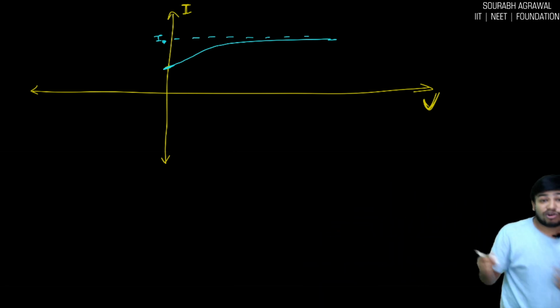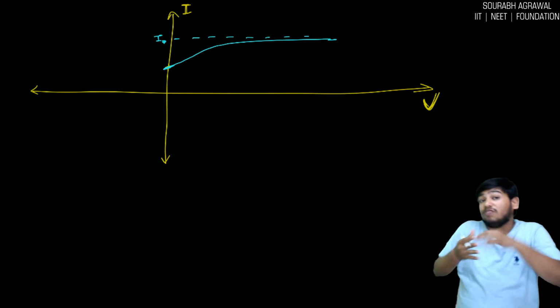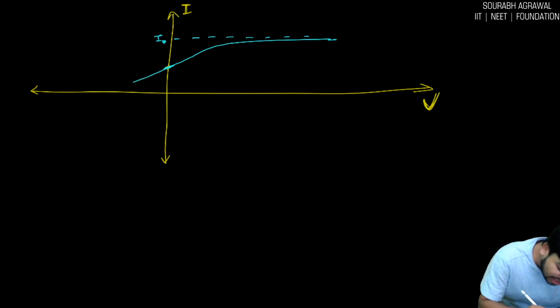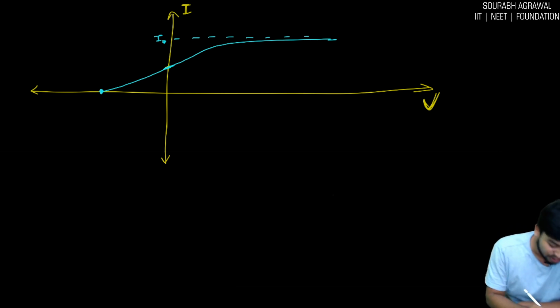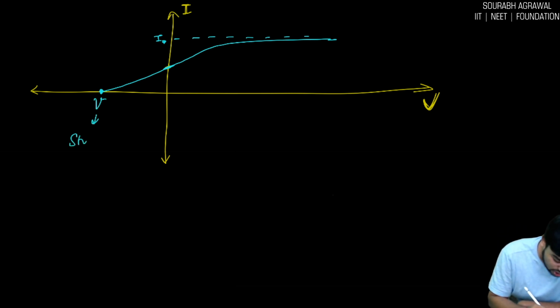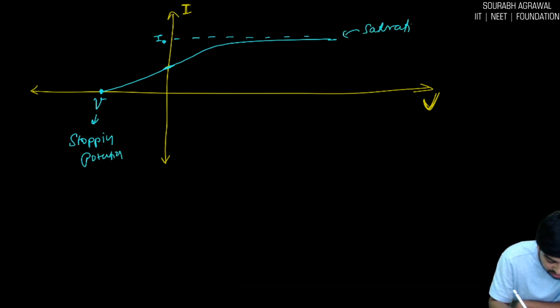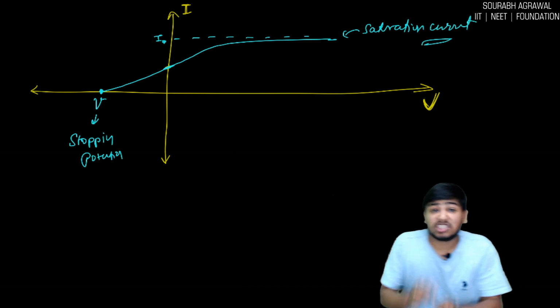And what is happening when you apply potential in the negative direction? The current is reducing, and for some potential the current is 0. This potential is known as the stopping potential. Is this graph clear?